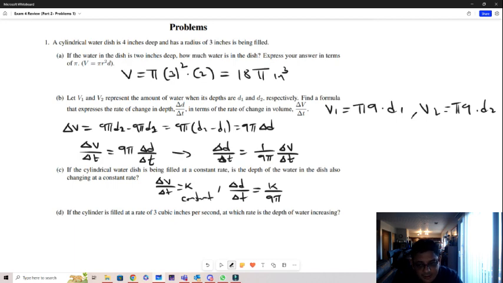Now in D, they tell us, what if that constant is actually 3, meaning 3 cubic inches per second? So what we do here is replace K by 3. We get 3 over 9 pi, and this will be 1 over 3 pi inches per second.